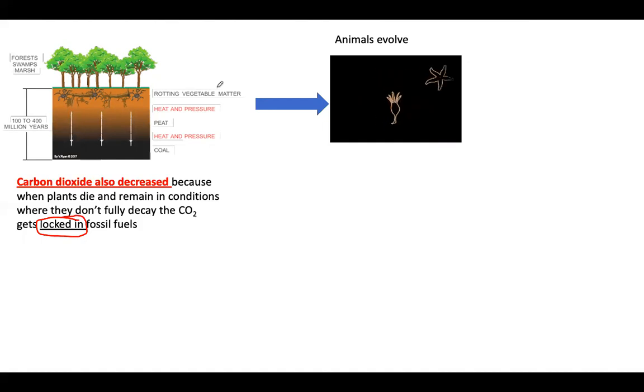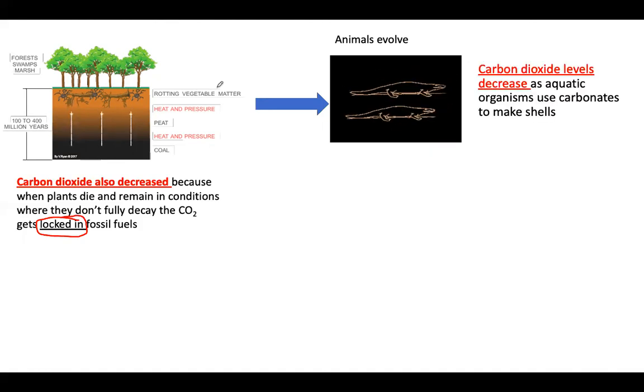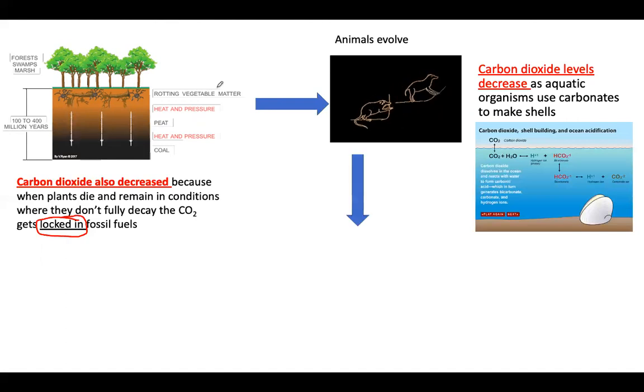So the evolution of animals, although animals do breathe in oxygen and breathe out carbon dioxide, it didn't actually change the levels that much. Animals have contributed to a decrease in carbon dioxide concentration because aquatic animals use carbonates to make shells. So the carbonates from the ocean get incorporated into their shells, which means there's more space for more carbon dioxide to be dissolved in the ocean.